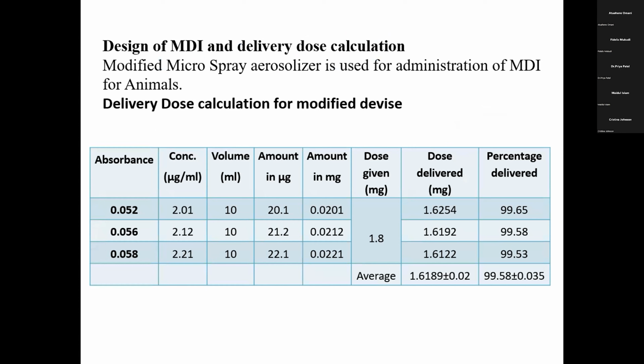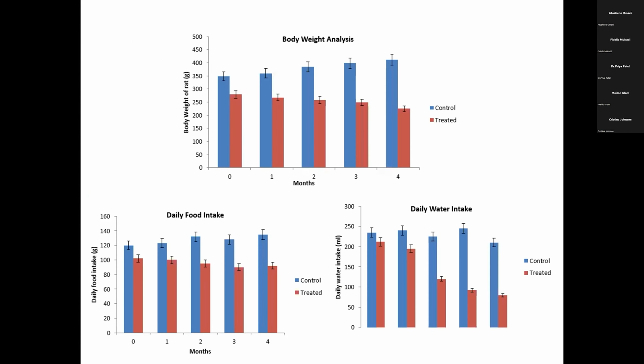For this, we designed an MDI and delivered the formulation. To deliver our formulation to the animal, we used the microspray aerosolizer. Before using it on the animal, we checked the efficiency of percentage delivered, and it shows about 99%. So it shows the success of our lung cancer model in the animal.